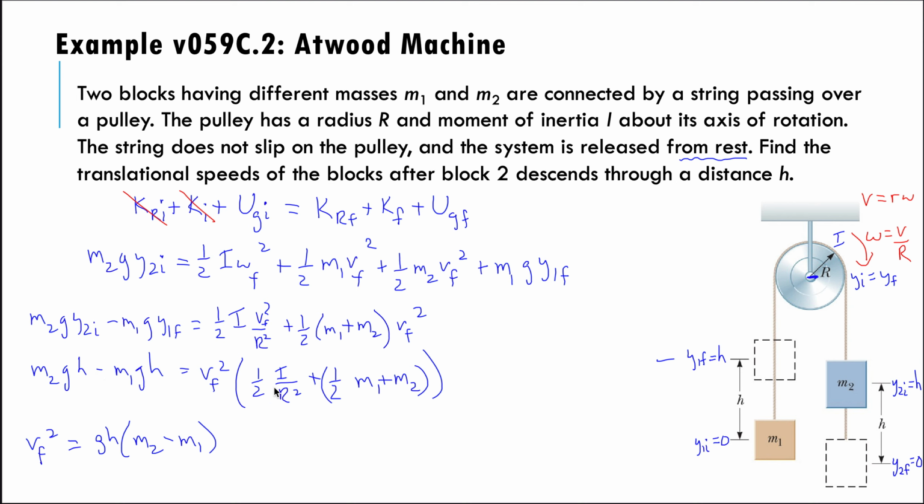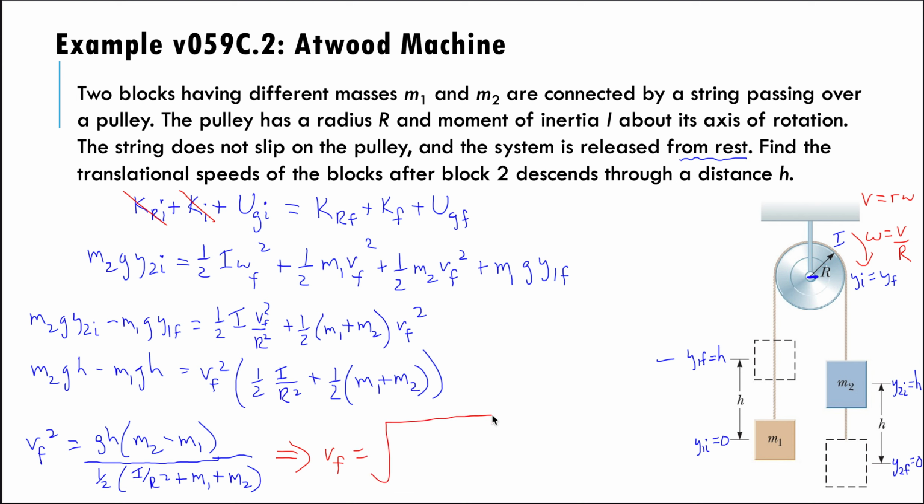And then we're going to divide by all of this. In the denominator, we can factor out the 1/2: 1/2 times (I over r squared plus m1 plus m2). So finally, we can take the square root of both sides.